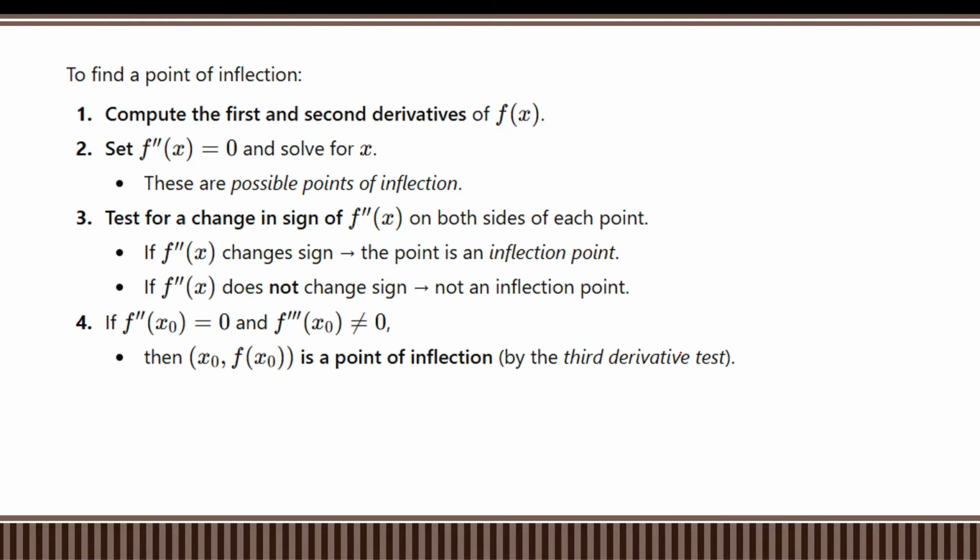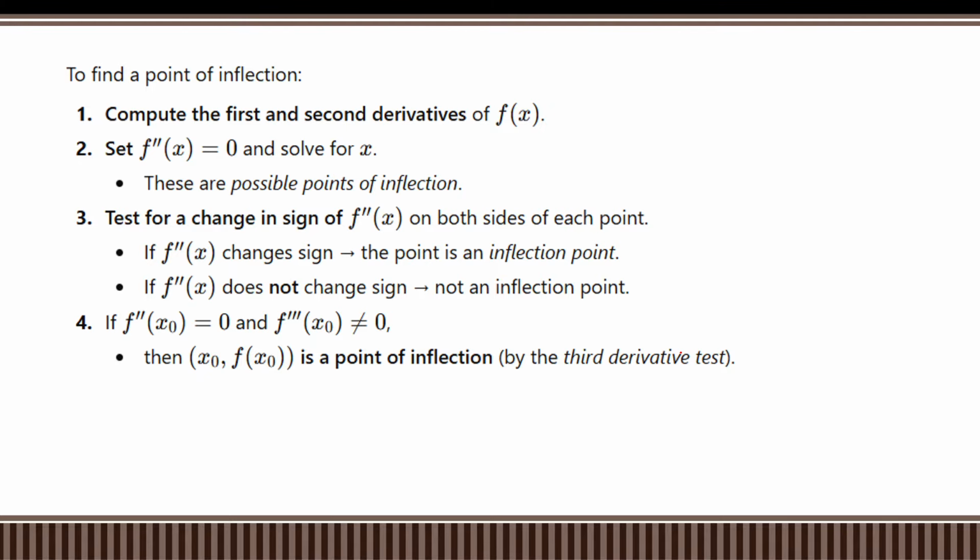The second test is the fourth step, if we have the third derivative. When you substitute that at the possible points of inflection and it does not equate to 0, it means that it is a point of inflection by the use of the third derivative test. So we have to recall these are the steps in finding the point of inflection.